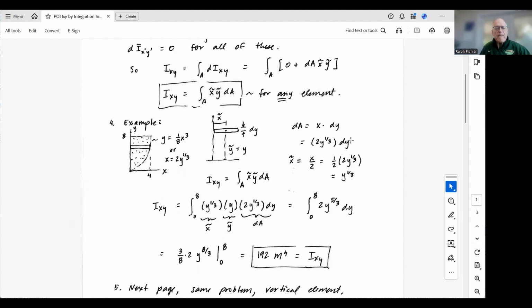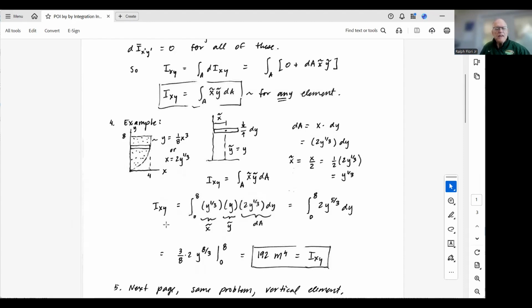My y tilde is y to the centroid of the dA. My x tilde, however, is the average of the x left and the x right. X left, of course, is 0. My x right is 2y to the 1/3. And so my x tilde is 1/2 of x, or 1/2 of the 2y to the 1/3, or y to the 1/3.